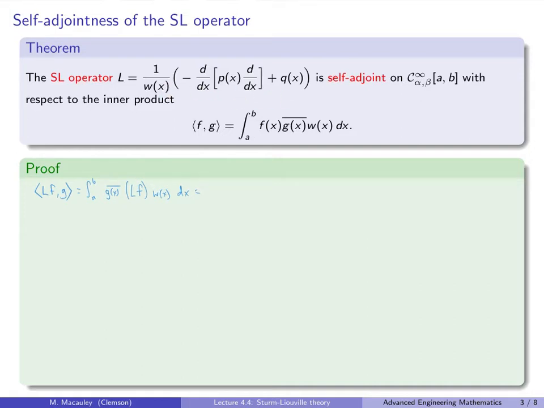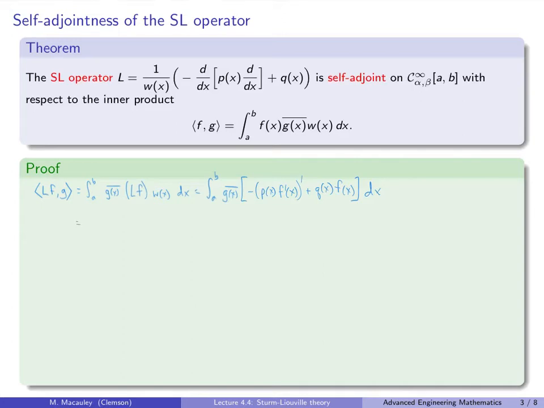That is the integral from a to b of g of x bar, and now this Lf, I want to write down what that is. So that is negative p of x f prime of x, the derivative of that product, plus q of x f of x, bracket dx. Okay, let's break this up into two integrals.